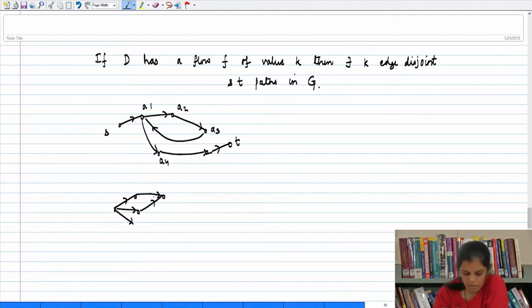But what one can claim is that you look at a subgraph of the original graph obtained from your flow network, consisting of the edges with non-zero or unit flow. And because flow is conserved, for every non-S, T vertex you must have incoming edges equal to outgoing edges.